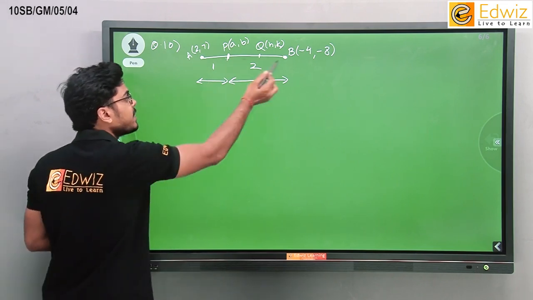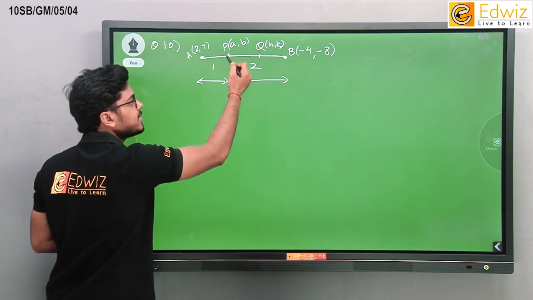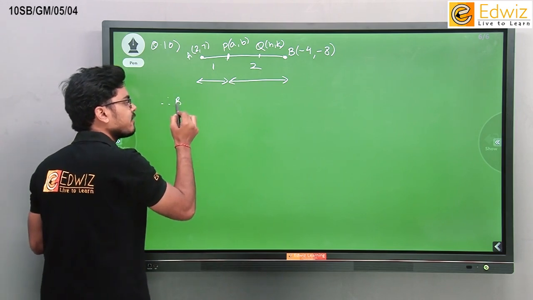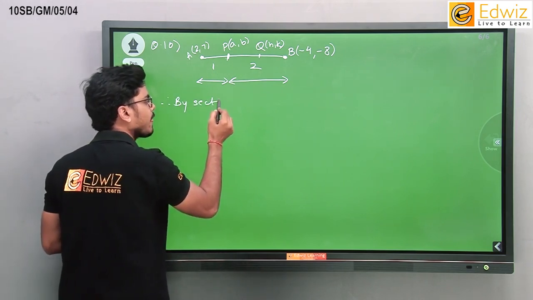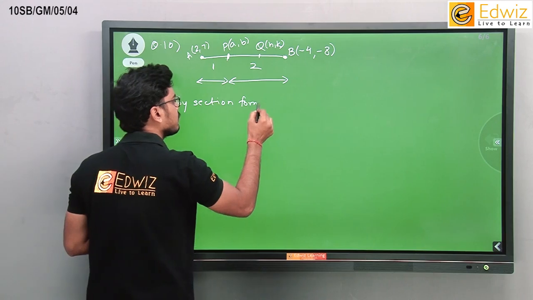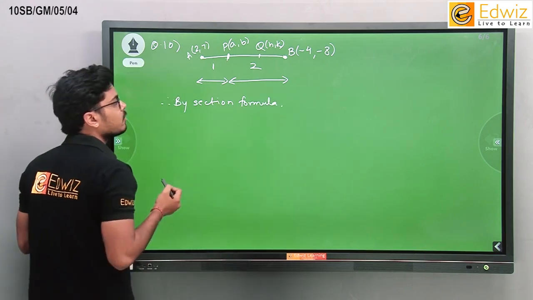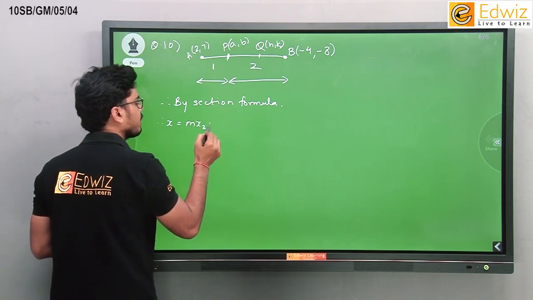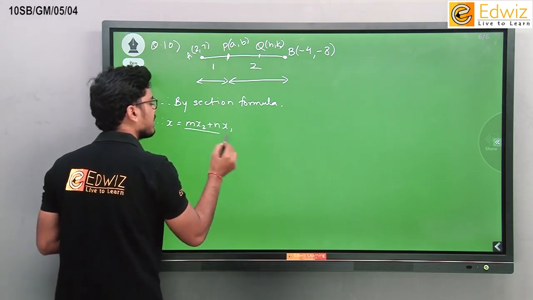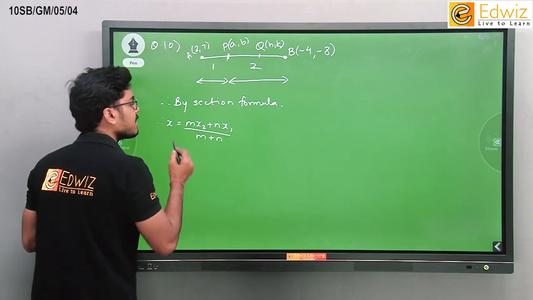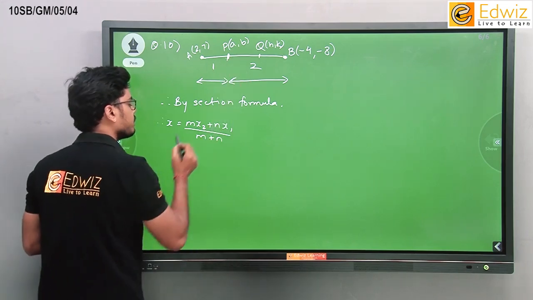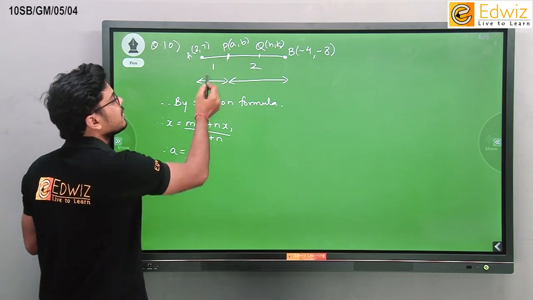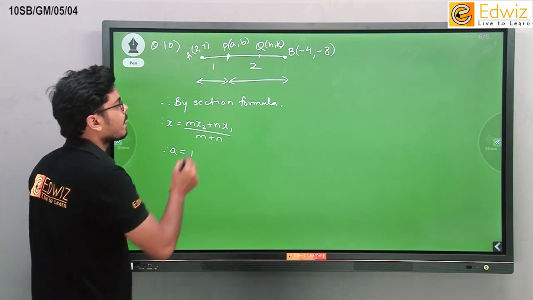Correct? Suppose A and B are the 2 points and P is the point of section. Use the section formula. By section formula, okay, we already know that x coordinate is equal to mx2 plus nx1 divided by m plus n. Okay, here x is A, since we are finding out A, and m is 1. Correct?